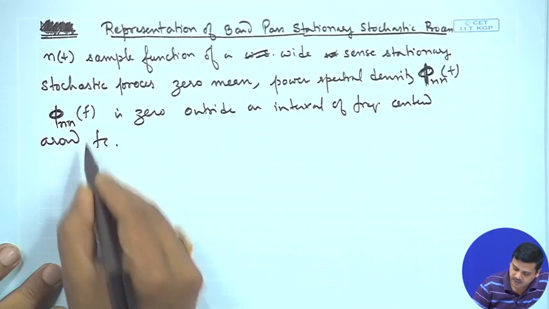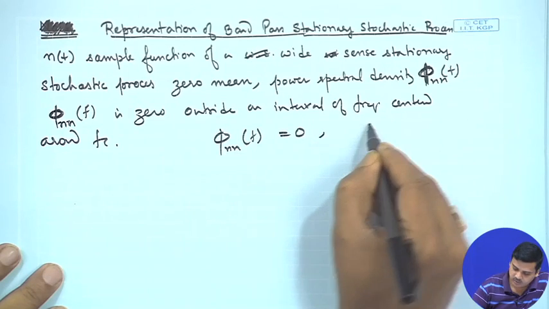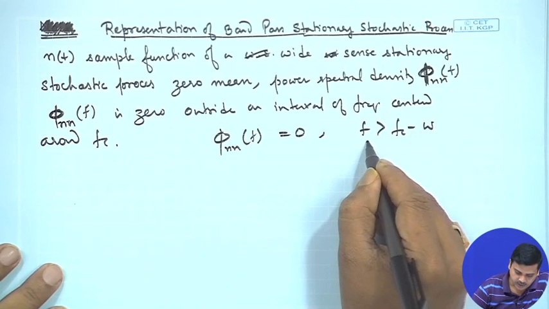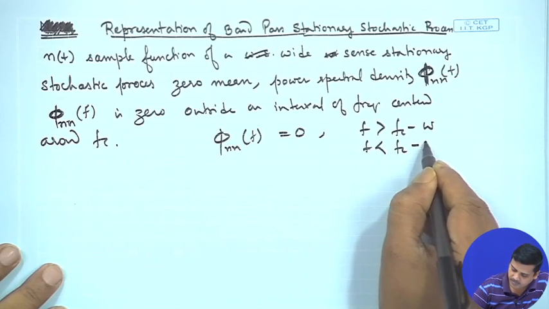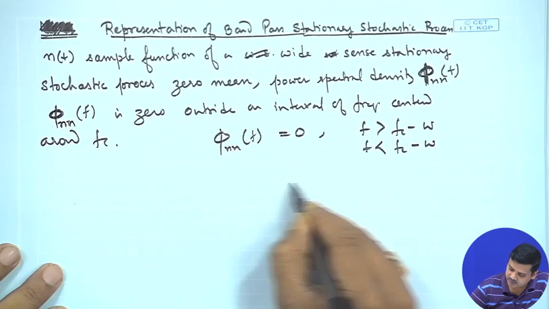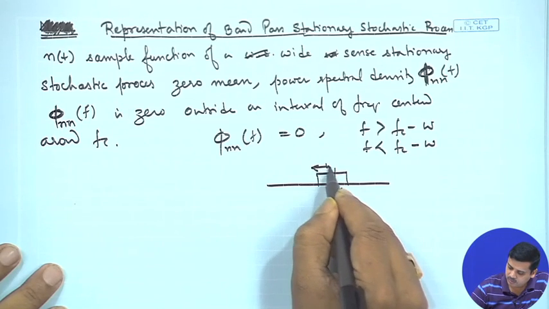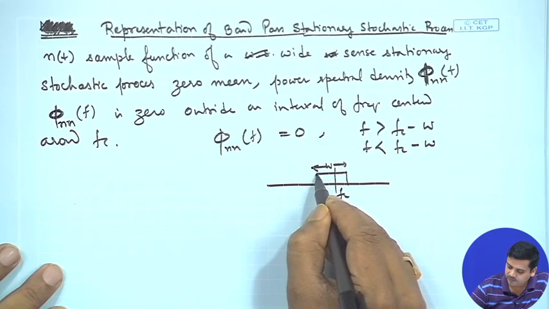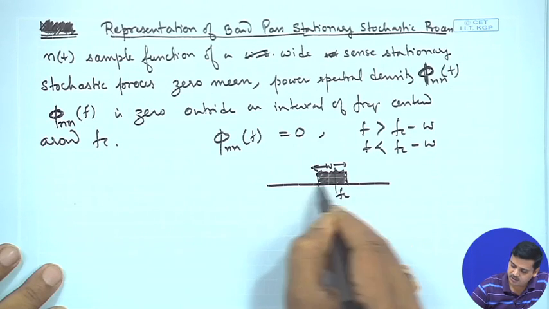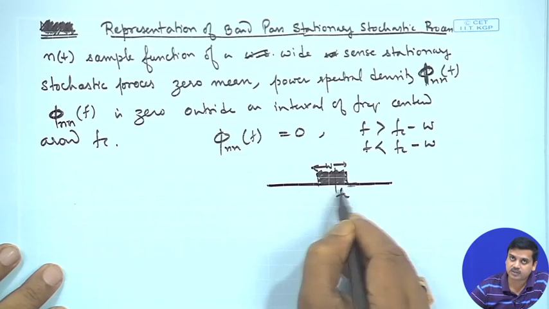So, that means what we are saying is this phi nn of f is equal to 0 for f greater than f c plus w and for f less than f c minus w, and within this band w it has some values, right. It is defined within this band, elsewhere it is 0, it means it is centered around this f c.